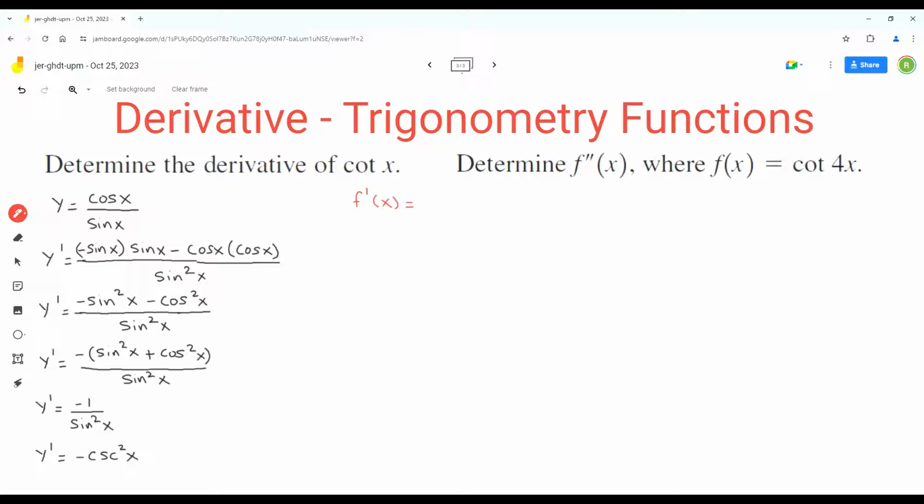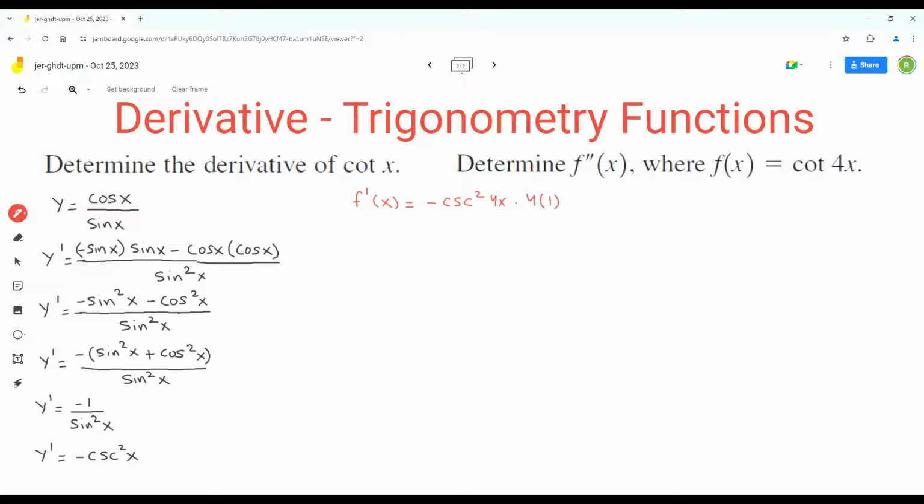So we'll have to use the chain rule to find its derivative. So we'll start with the derivative of the outer function. The outer function is cotangent and the derivative of cotangent is minus cosecant square times the derivative of the inner function, and the inner function is 4x, so its derivative is 4 times 1.